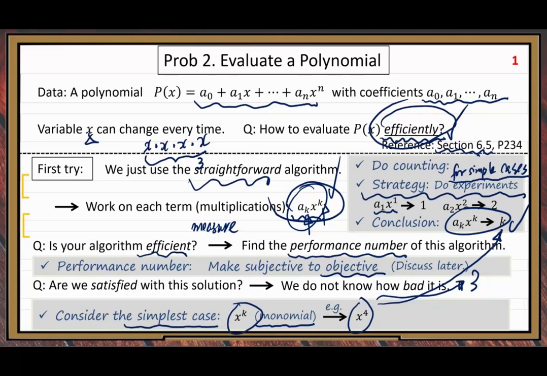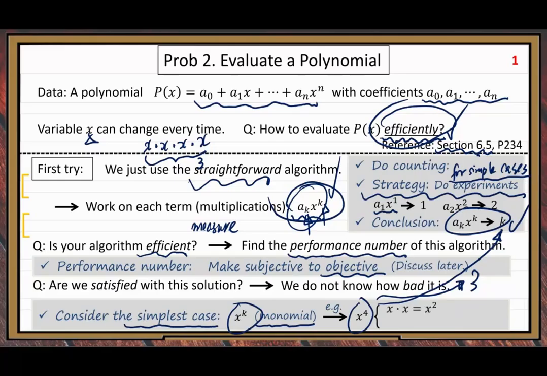So that's our current method. Now the question: is it possible we can improve our method? We want to reduce the number of multiplications. Can we do a little better here? Let's try.